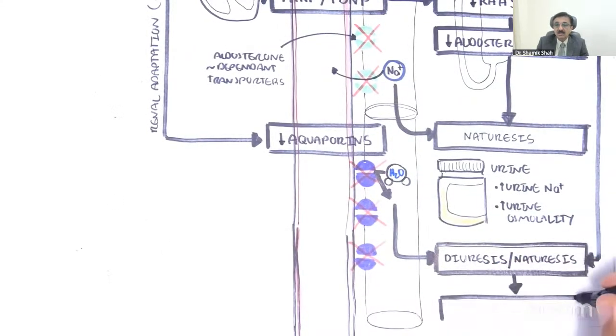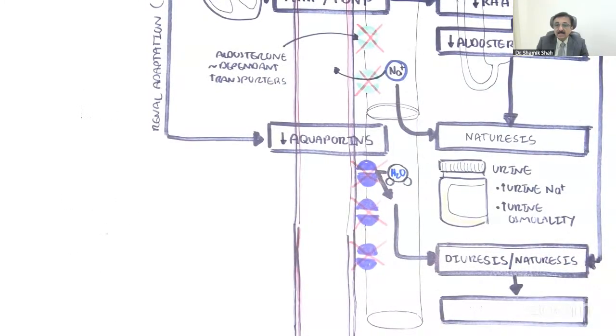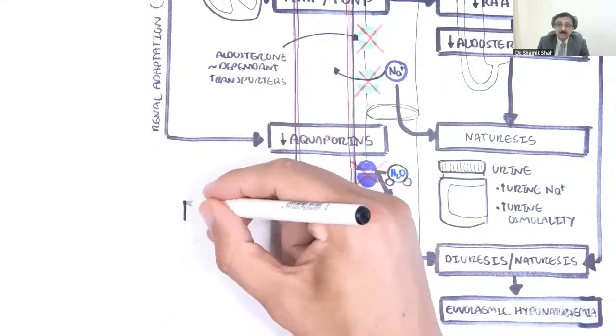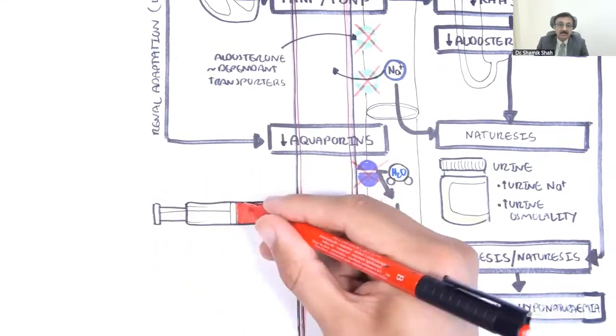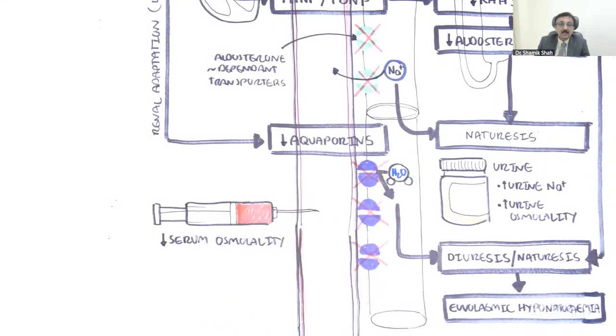So this causes diuresis as well as natriuresis, and this is one of the important causes why there is euvolemia, because there is also a diuresis. So clinically, if we examine the patient, we will not see any edema in these patients. In this condition also, the serum osmolarity will be low, because this is again a true hyponatremia.